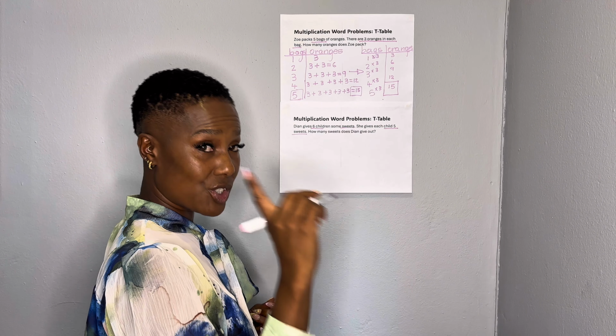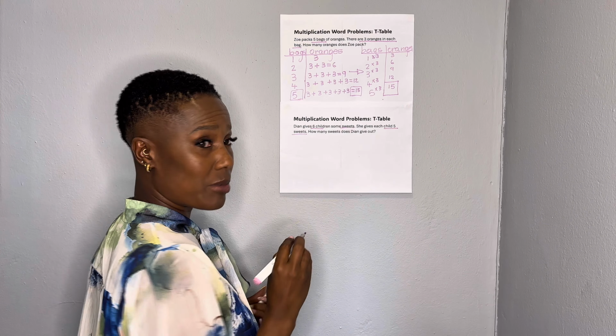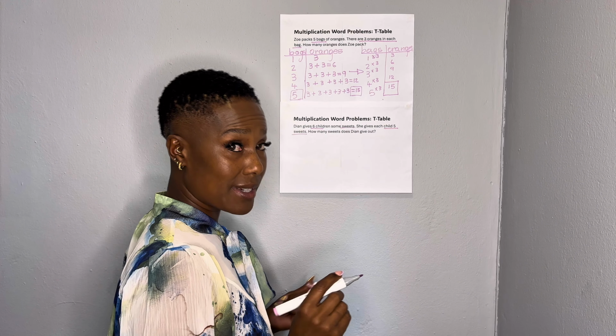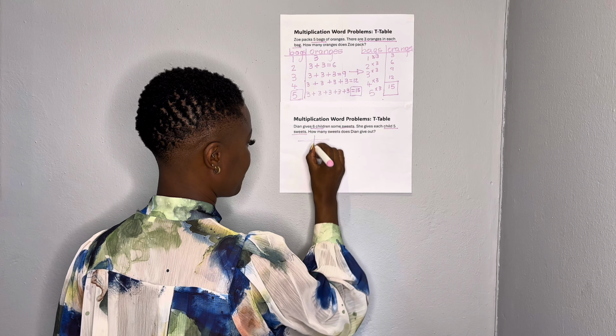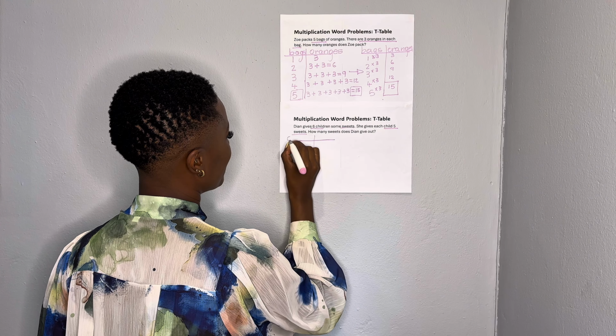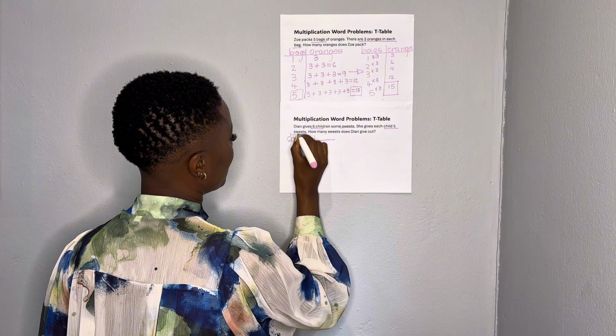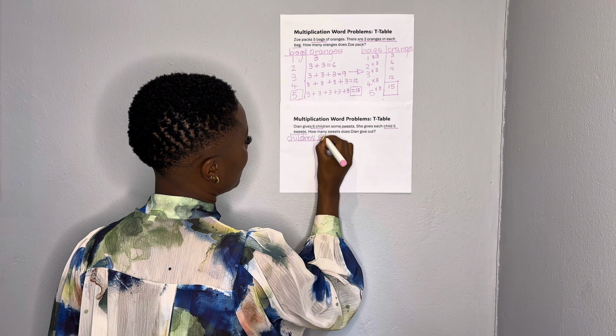We have children and we have sweets. And how many children do we have? 6. Let's plot our T table. We have children and sweets.